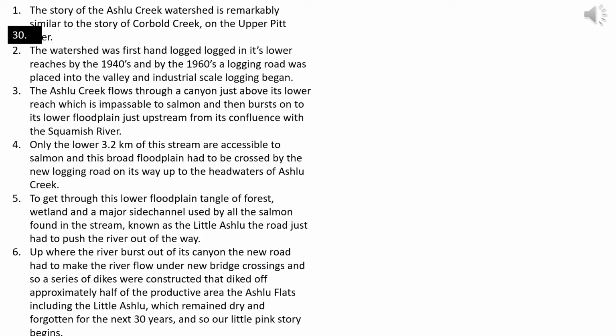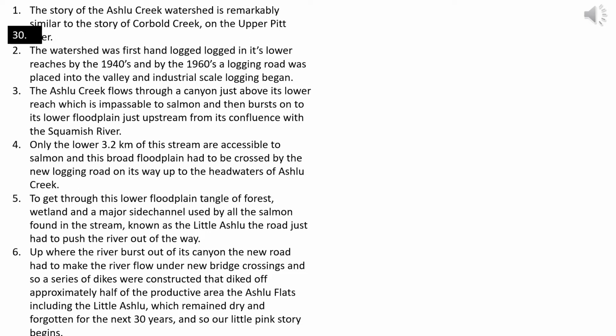Okay, as I said, the Ashlew Creek watershed story is very similar to what happened on Corbould Creek in the Upper Pitt River. So Ashlew Creek was first hand logged in its lower reaches by the 1940s. So the accessible timber in the lower end was done quite early.